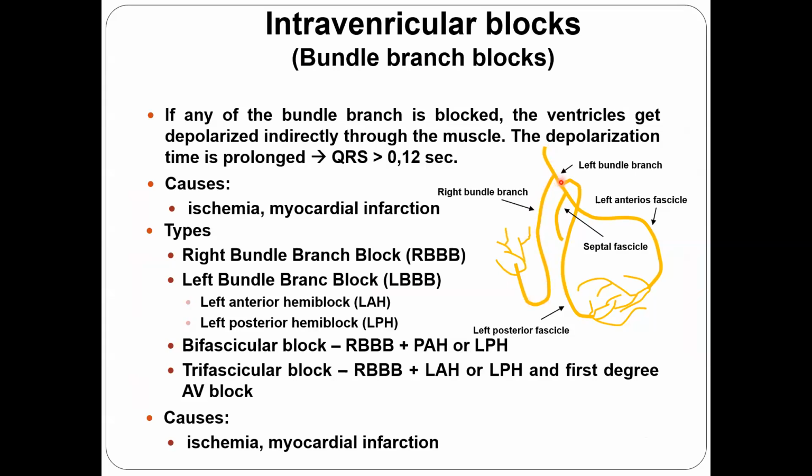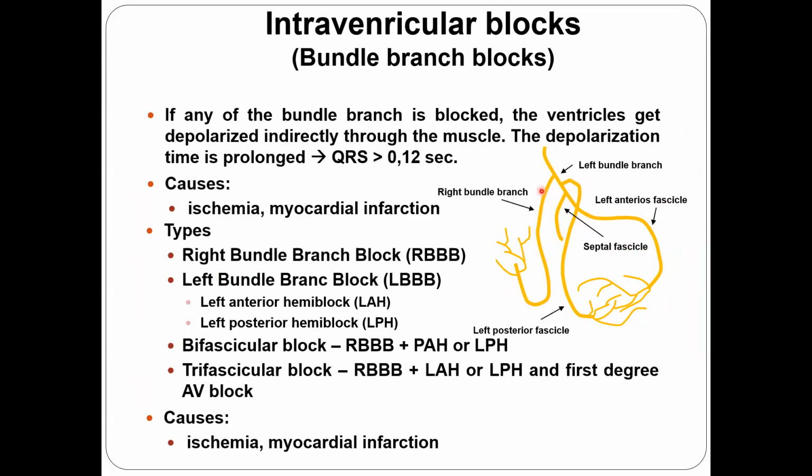And we do have another one that is the septal fascicle. And this is the left one, okay, this is all of them, it's a left bundle. And we do have the anterior and the posterior part of the left bundle branch. And of course, any of these fascicles can be blocked. So this is what we are talking about.